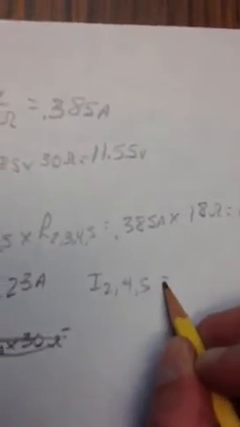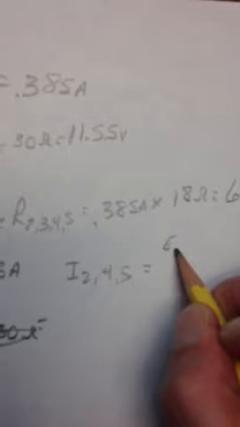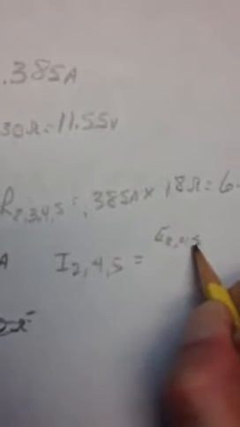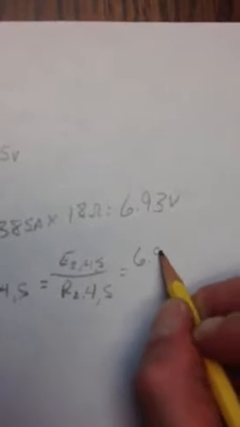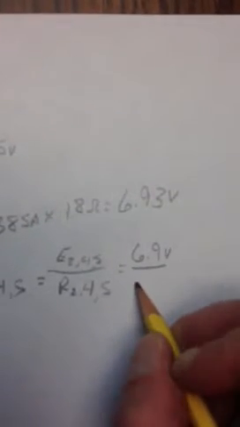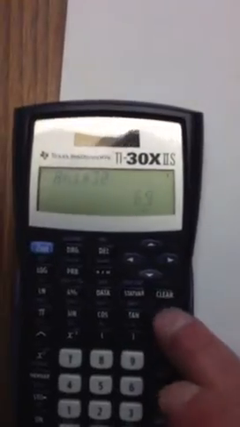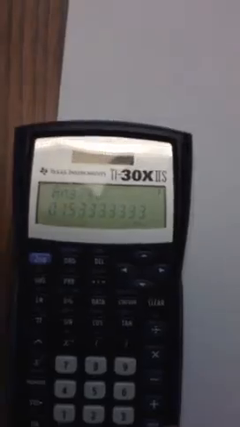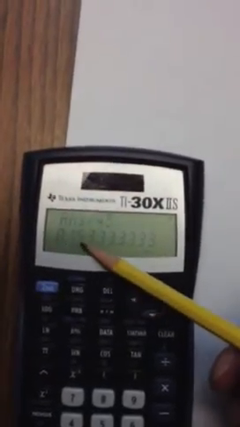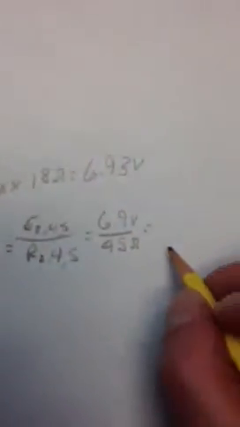So it's going to be E2, 4, 5 divided by R2, 4 and 5. So that's going to be 6.9 volts divided by 45 ohms. And I've got 0.153. I'm just going to call it 0.15.